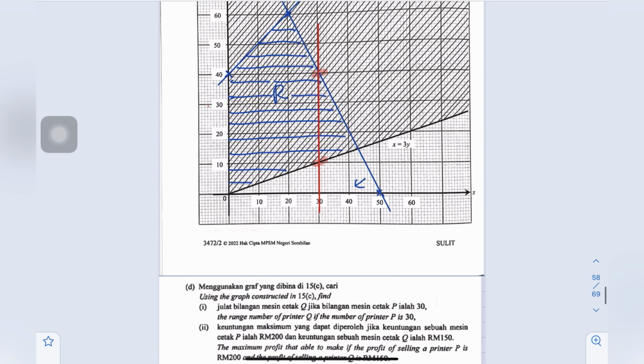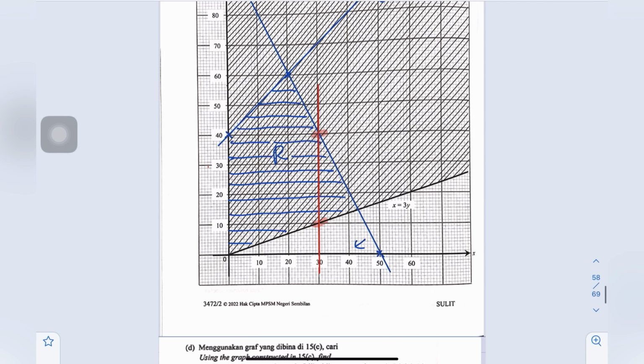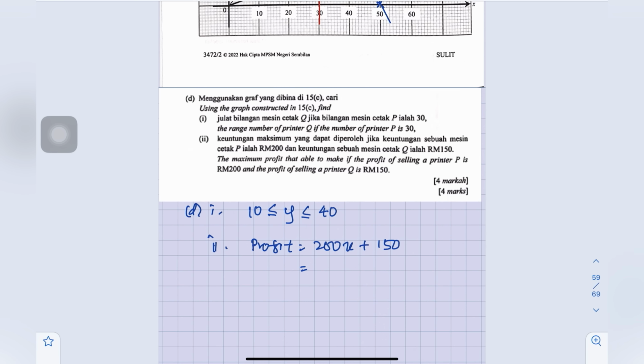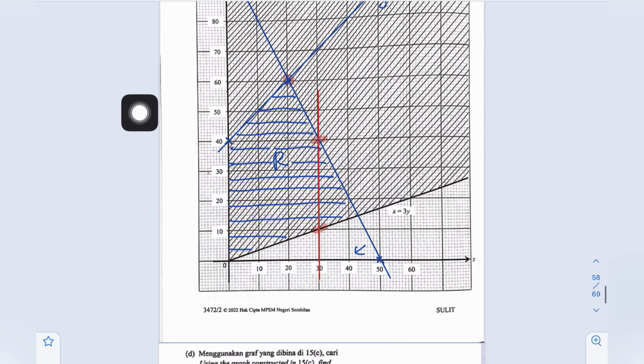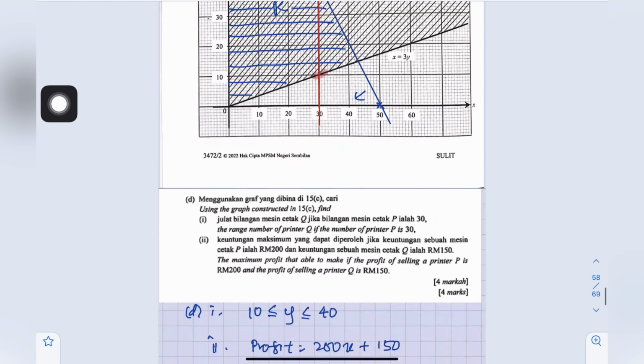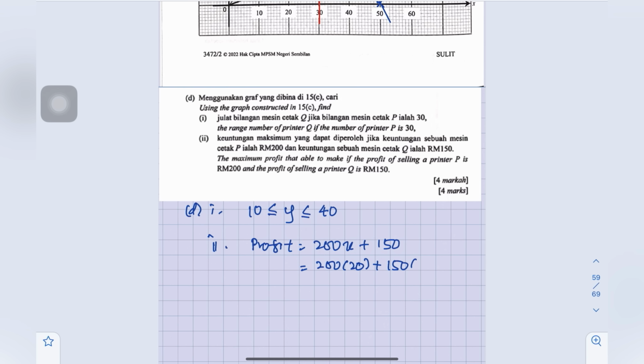Okay, so from the graph, you can see this point. Okay, so this is the maximum point. So you just substitute x = 20 and y = 60. So 200 times 20 plus 150 times 60. So the profit is 13,000.